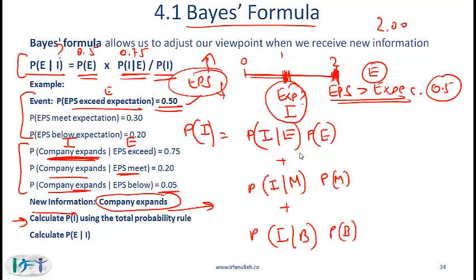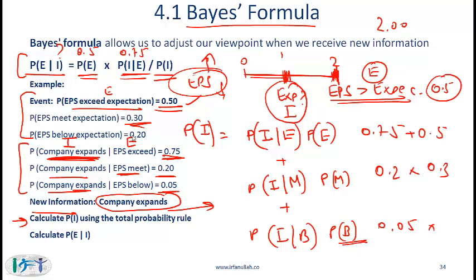We have all these probabilities. Probability of I given E is 0.75. Probability of E is 0.5. Probability of I given M is 0.2, and the probability of M is 0.3. The probability of I given B is 0.05 times probability of B is 0.2.